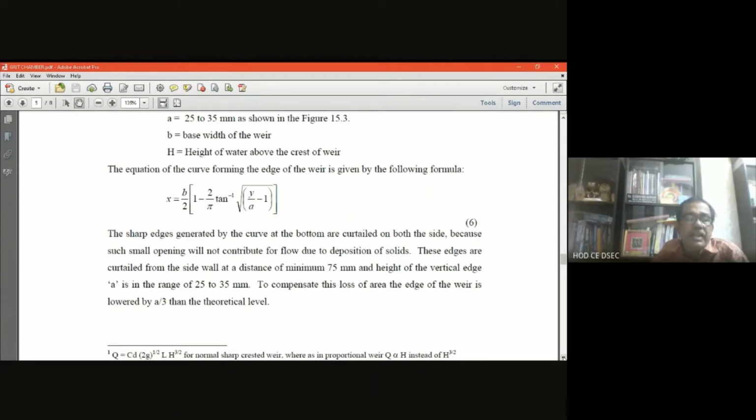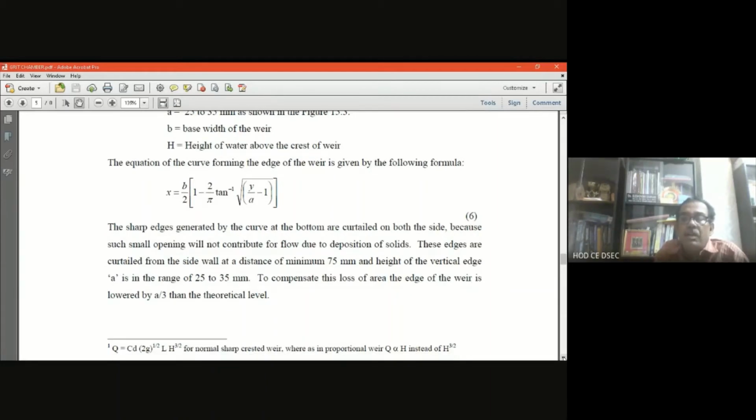So these are discontinued from the side wall at a distance of minimum 75 millimeter, and the height of the vertical edge a is in the range of 25 to 35 millimeter. To compensate for the loss of area at the edge, the weir is lowered by a/3 below the theoretical level.